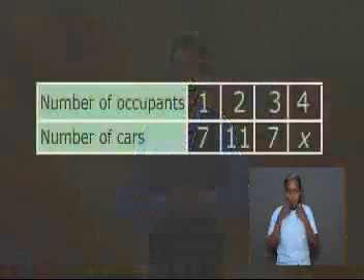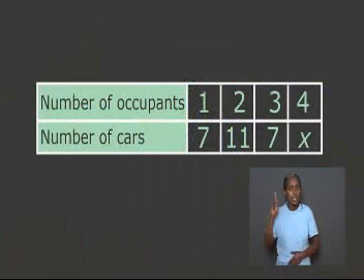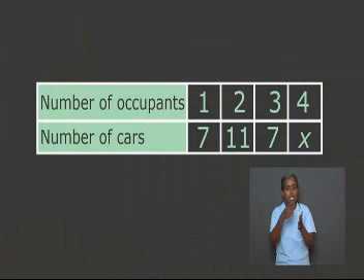Students, it is time for today's first activity. Please look at the screen. This table shows the results of a survey on the number of occupants of cars. You can see that there is an unknown quantity in the final column.